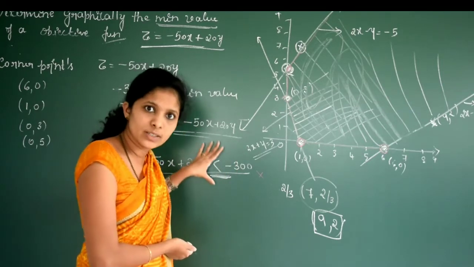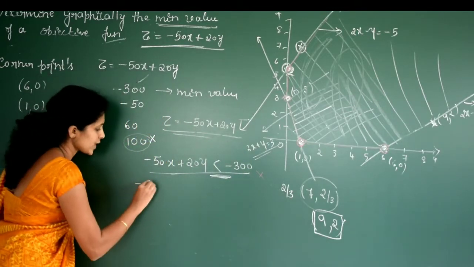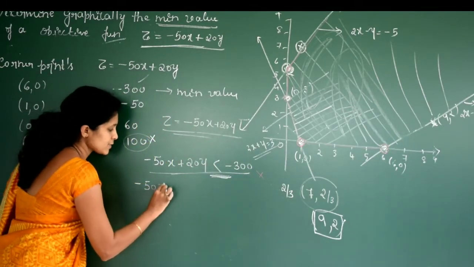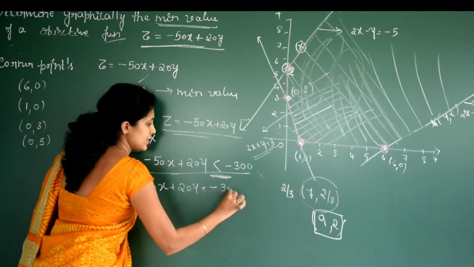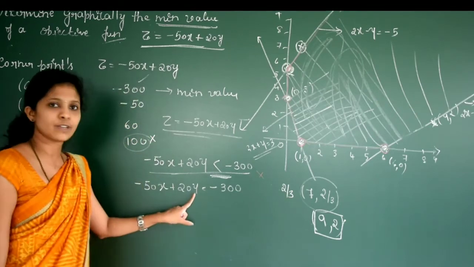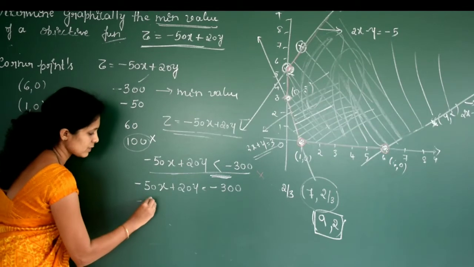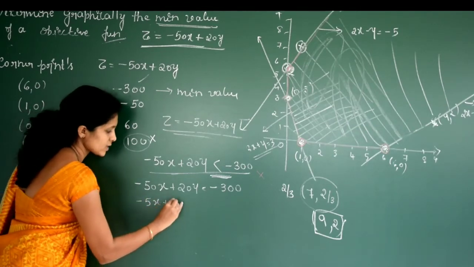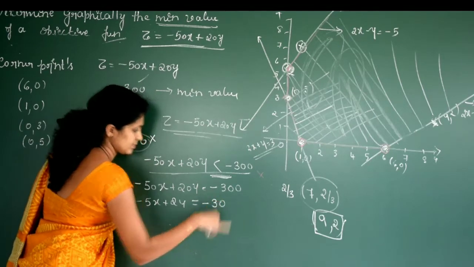Just let us draw the line and we'll check it. So here, see what I have to consider to draw the line: minus 50x plus 20y is equal to minus 300. Now if I divide by 10, this will be minus 5x plus 2y is equal to minus 30.